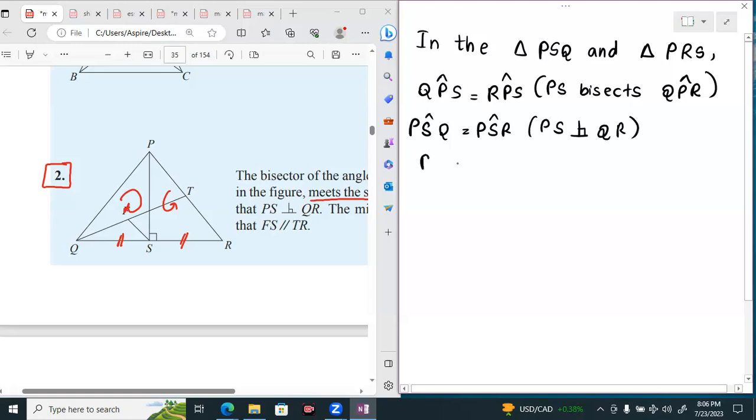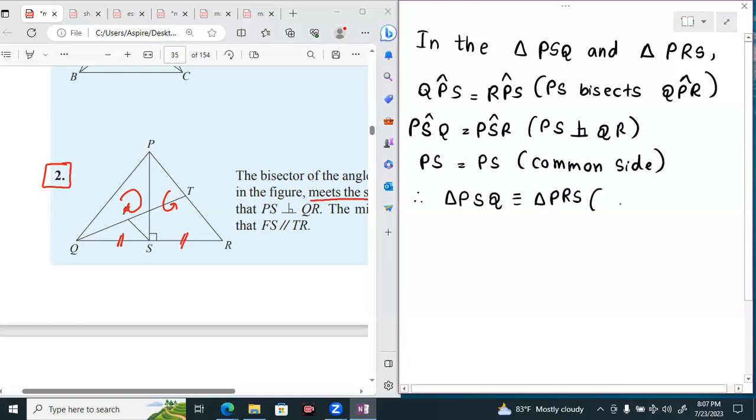And PS equals PS. It's because it is the common side. Therefore, I can say that triangle PSQ is congruent to triangle PRS under case AAS.